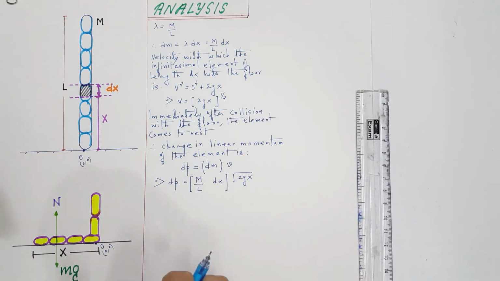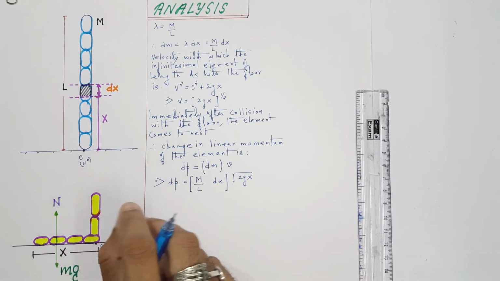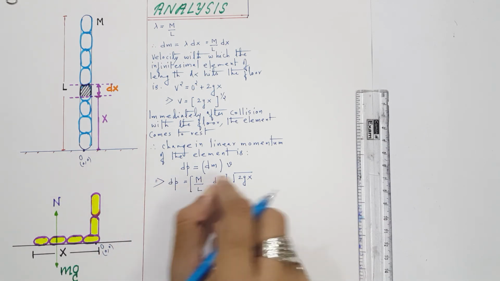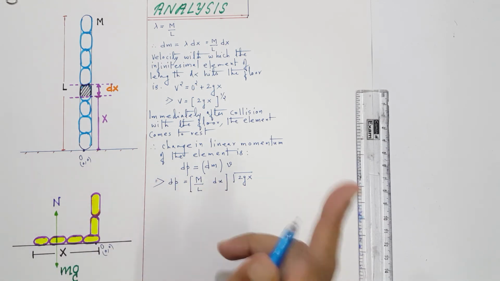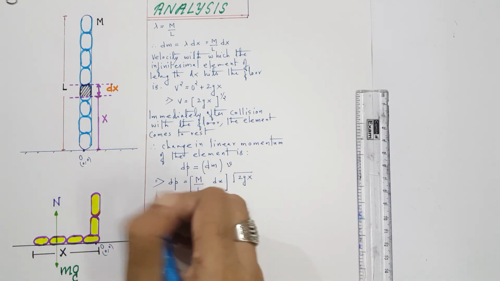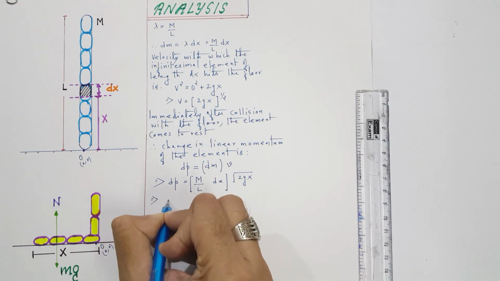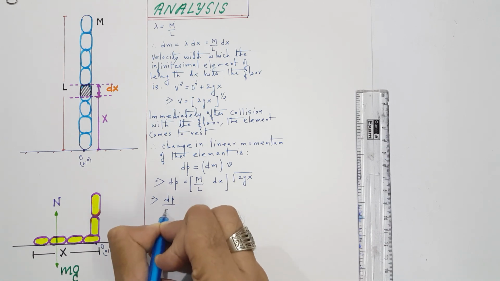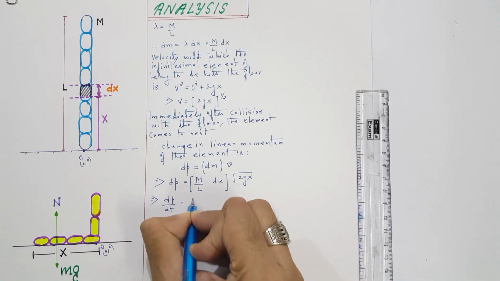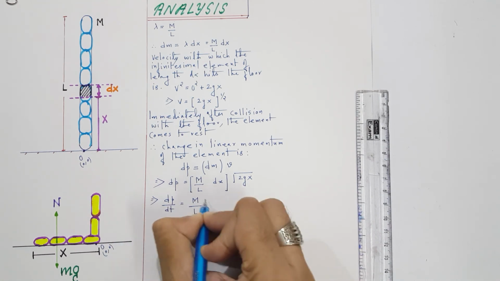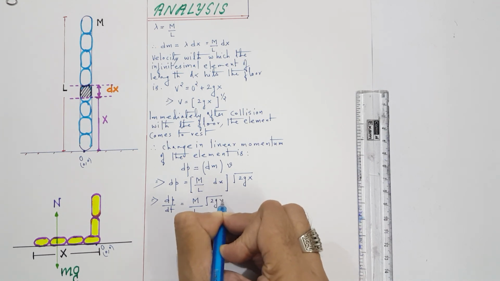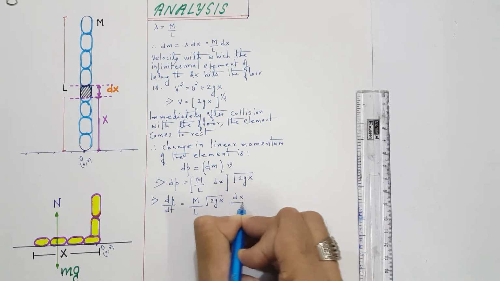If I divide both sides by dt, taking the limiting condition delta t tends to 0, we can write dp/dt equals M by L root 2gx into dx/dt.